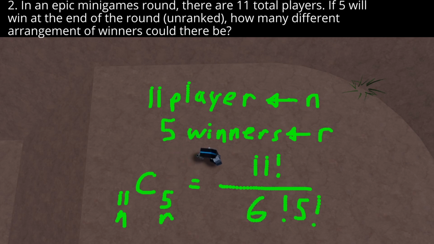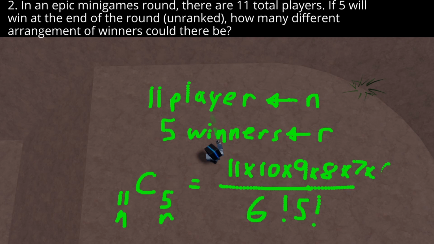And now let's try and solve this. So first thing I'm going to do is rewrite 11 factorial as 11 times 10 times 9 times 8 times 7 times 6, and then notice that it'll go down from 6 as 6 times 5 times 4 times 3 times 2 times 1.